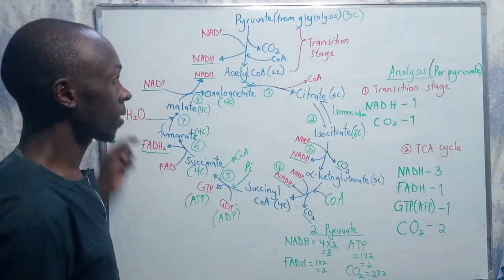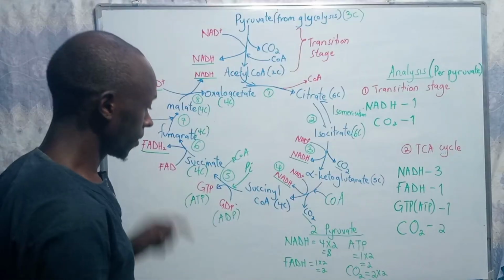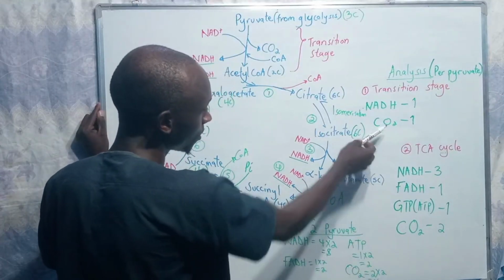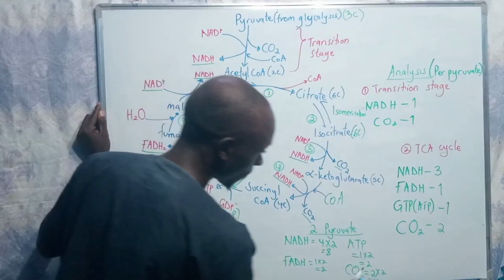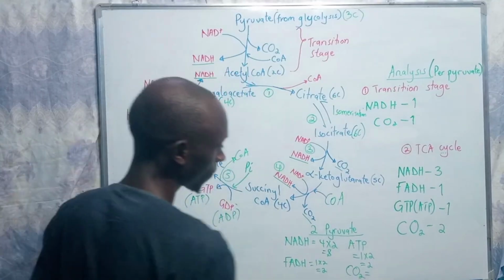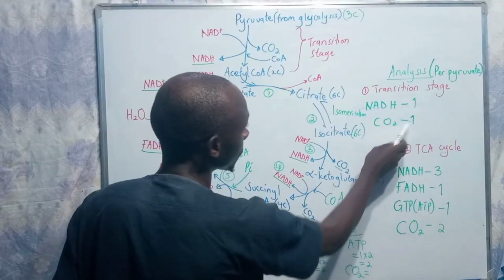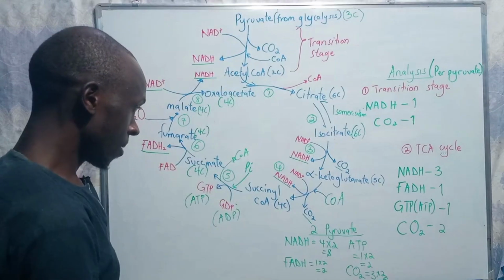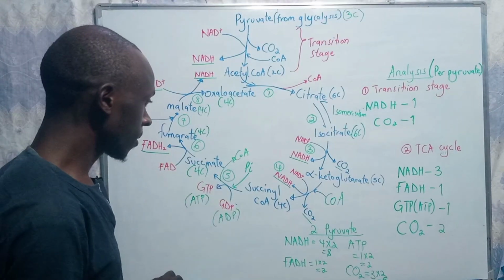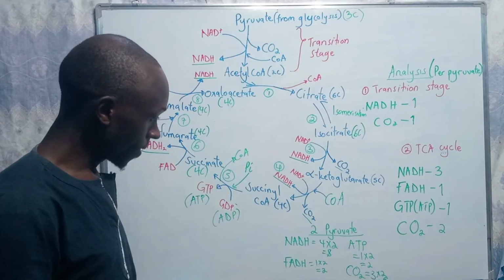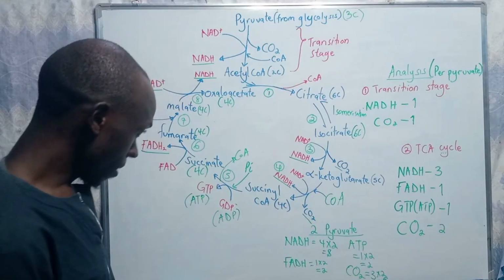But I have forgotten the carbon dioxide molecule which is produced in the transition stage. So it implies that there must be 3, these 2 plus this one here. So 3 times 2, giving us 6 carbon dioxide molecules. So we have 6 carbon dioxide molecules produced, 2 reduced FAD molecules produced, and then 8 reduced NAD produced in the cycle.